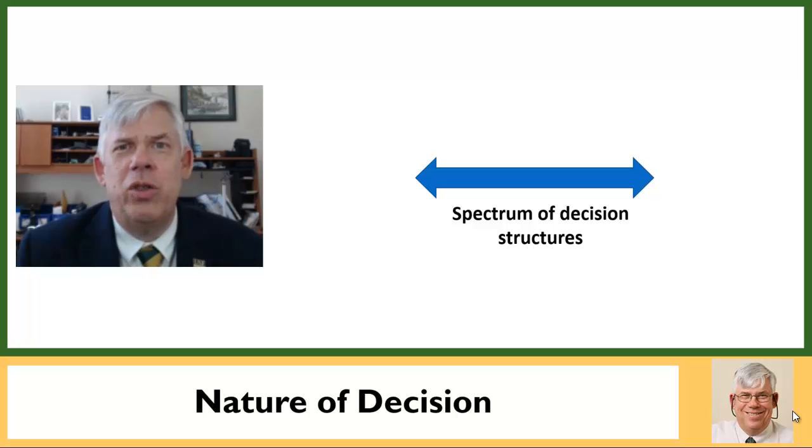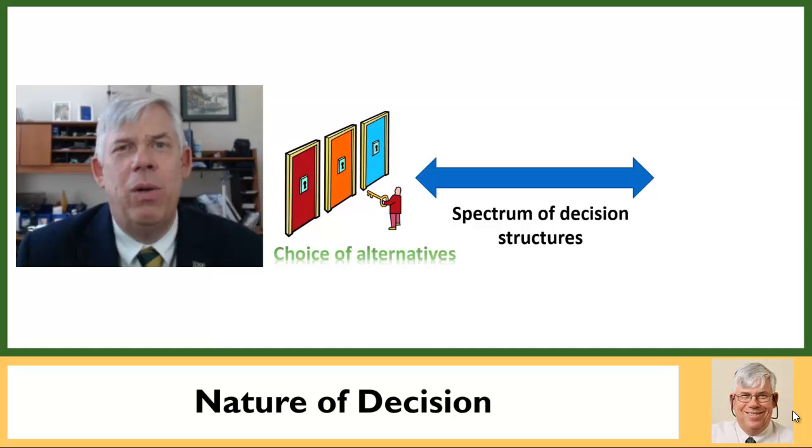On the one extreme, they range from decisions where you are given all the alternatives. In those types of cases, your real focus is to create a strong logical argument for one of the alternatives in particular, while recognizing the pros and cons of the other potential alternatives.